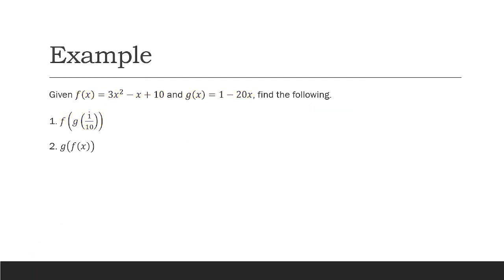Next, for number 2, we have g of f of x. So, for this one, wala tayong evaluate na value for our f of x. So, what we can do is just substitute itong 3x squared minus x plus 10 directly sa g of x natin. So, for number 2, ang gagawin lang natin is direct na substitute natin siya. So, we have g of f of x natin is equal to 1 minus 20 times yung x natin, papalitan natin ng f of x, which is 3x squared minus x plus 10.